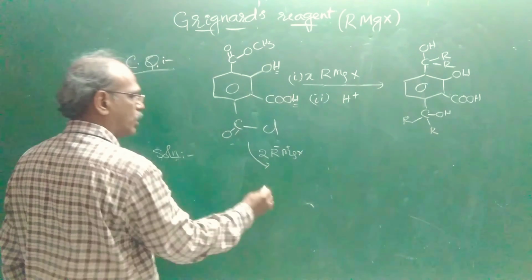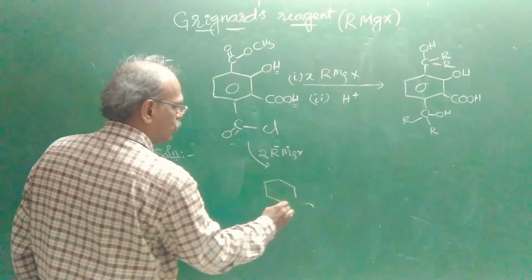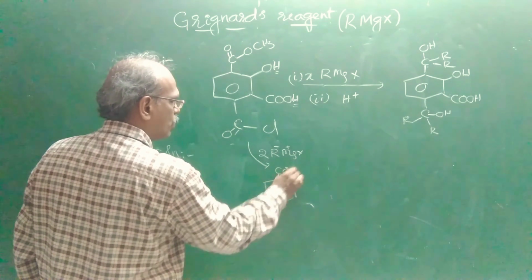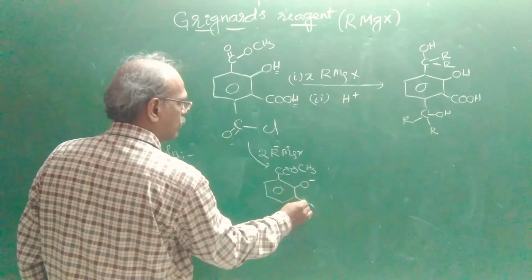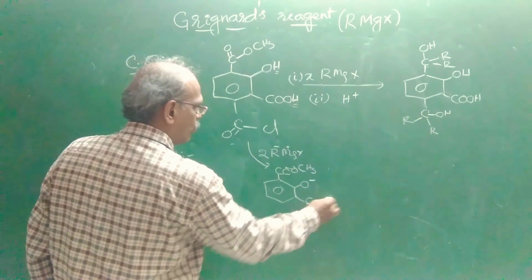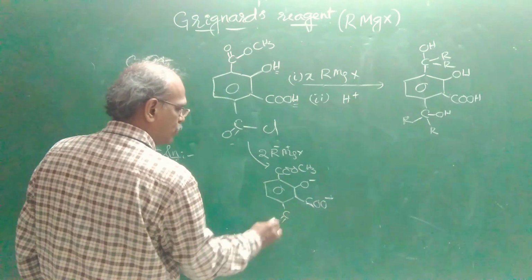There are 2 acidic hydrogens, that is the first step. So here we get COOCH3, and this is O minus, this is COO minus, this is COCl.